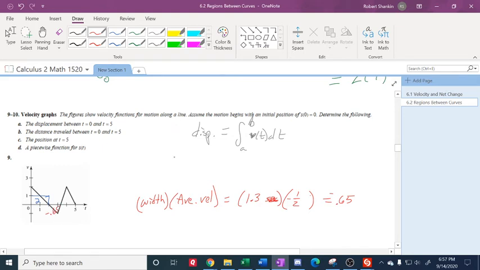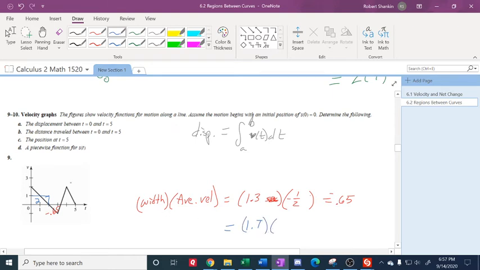And then this last one is positive once again, and it's about 1 2/3 of a second. So my width would be about 1.7 seconds.